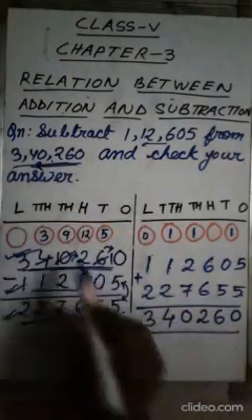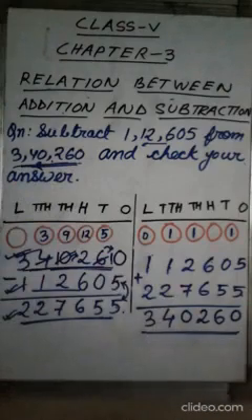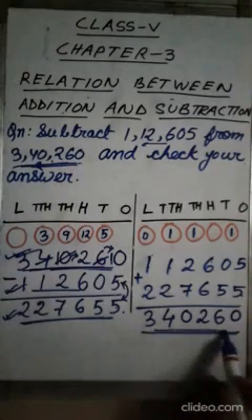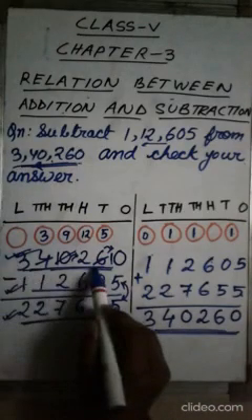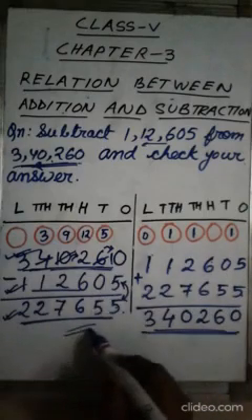You can check this number and this number are the same. This way you have to check your answer. If this and this have the same value, then your subtraction is correct.